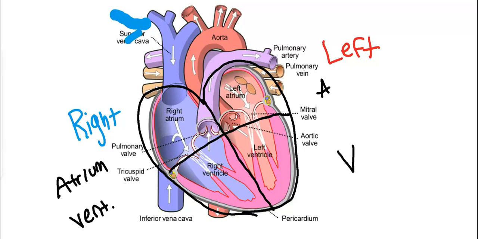Starting here, from your vena cava, you have an inferior and a superior, so one on top, one on bottom. This is your blood that already has the oxygen all used up, returning to the heart so it can get new oxygen to go back through the body. As the blood comes back in, just to note, all of this is happening very quickly all the time.